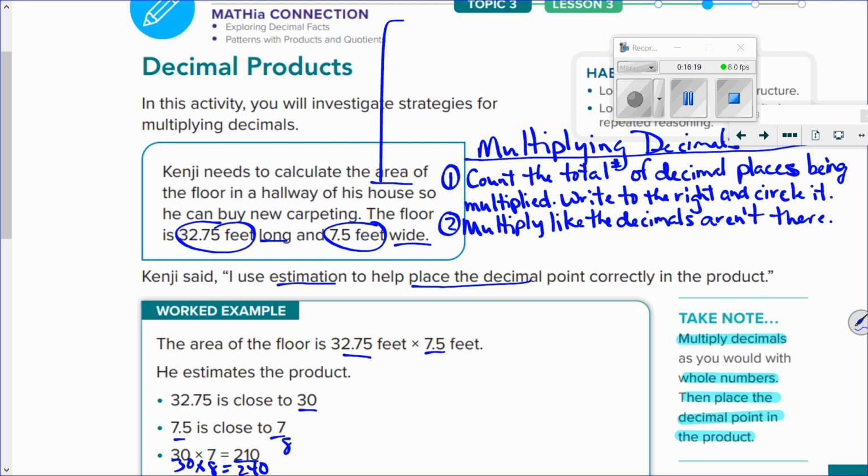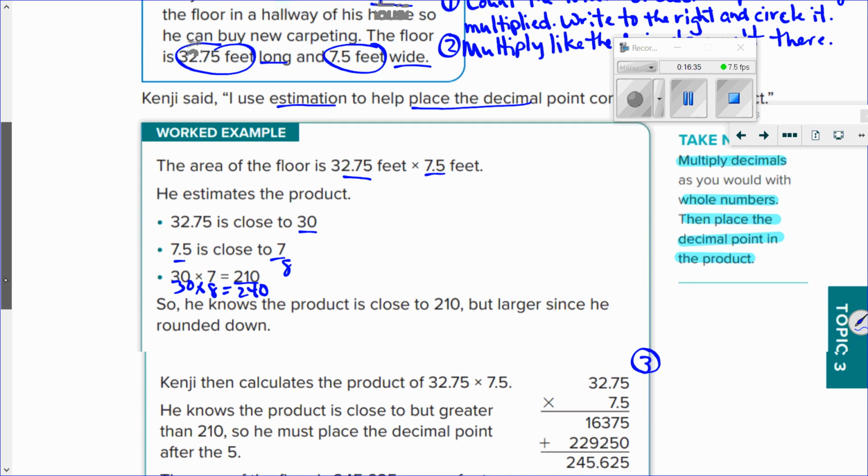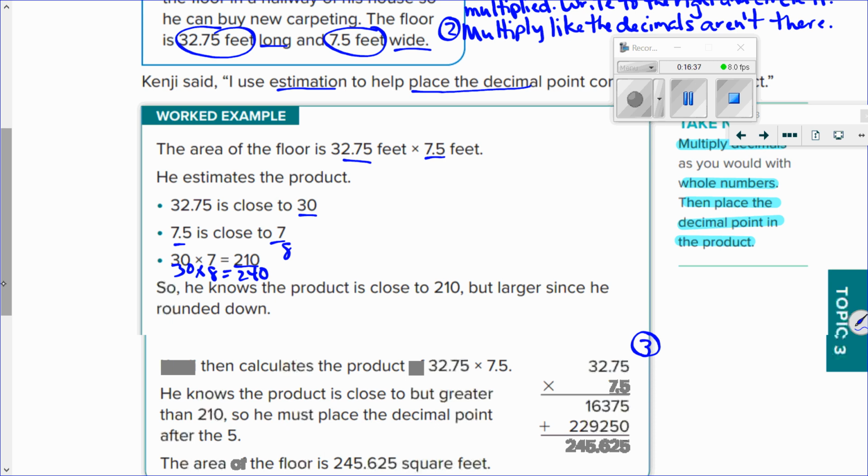You're going to add more decimal places, make your multiplication more difficult, and increase your chances of an error. Are you able to do that? Yes, as long as you still account for them. But it's much easier. Just write down the two numbers, count the decimal places. So in other words, step 2 is saying, now I'm just multiplying 3,275 times 75. I'm pretending the decimals aren't there.